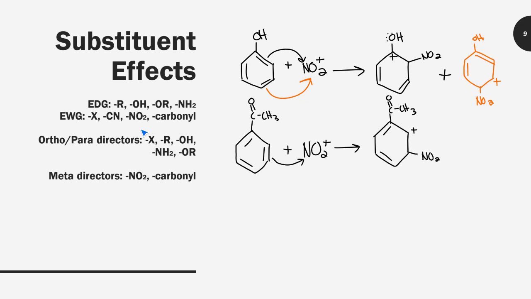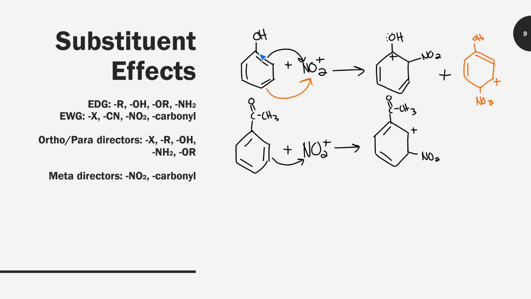So typically your EDGs are ortho-para-directors, and typically EWGs are meta-directors. The halogens are really the only exception we cover in this course: even though they're EWGs, they are ortho-para-directors. I have this illustrated here, and this shows why that happens.